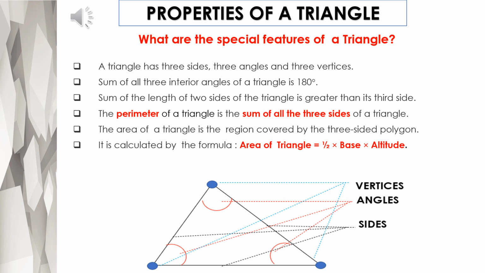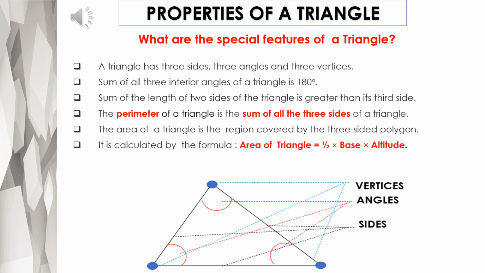And to find the perimeter of a figure, we have to add the lengths of its sides. Therefore, the perimeter of the triangle will be the sum of all three sides of the triangle. Correct? Am I clear?